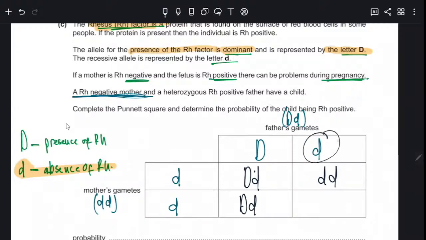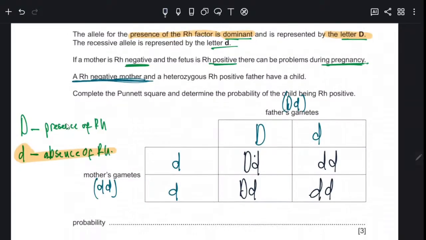If the dad's gamete with lower d meets the mom's gamete with lower d, then it will be like this. So what is the probability? There is a 50% chance that the child is RH positive.